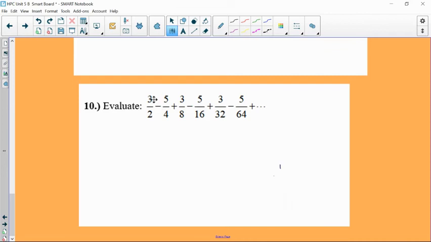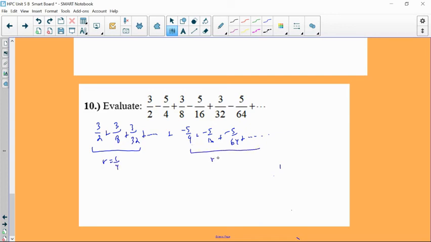So if I think about that and separate that, if I take just the ones that have 3's in them, 3 over 32 plus, and then I could say plus -5 over 4 plus -5/16 plus -5/64, right? So all of them separated, these with 3's are a geometric sequence, and its common ratio is 1/4 each time. Here, my ratio is still 1/4, but it's a different starting term.